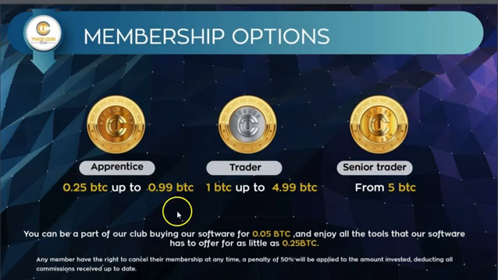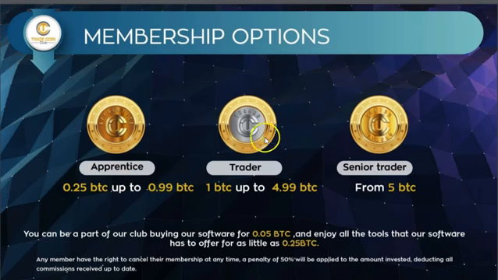Don't forget to add the 0.05 to this 0.25 Bitcoin. So your total to get started on the basic membership would be 0.30, because we're adding the 0.05 to the 0.25, right? So your total would be 0.30 Bitcoin to get started.